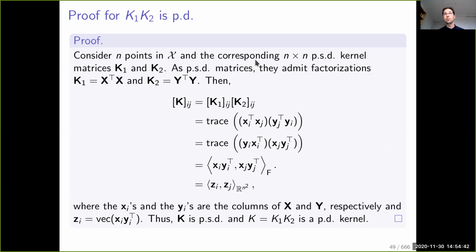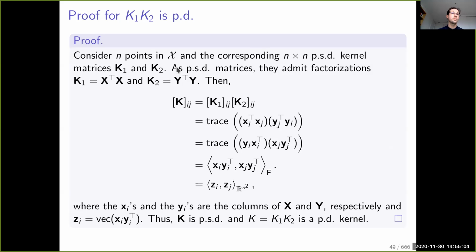To prove that the product K1 times K2, which is the element-wise product, is positive definite, either you have seen this result already in your linear algebra classes, it's called a Schur lemma, and there are many Schur lemmas, but this is one of them. Otherwise, we can simply prove it.